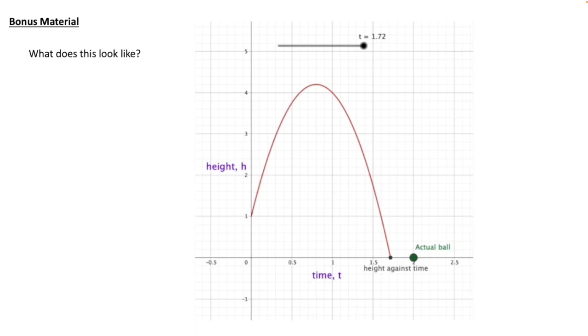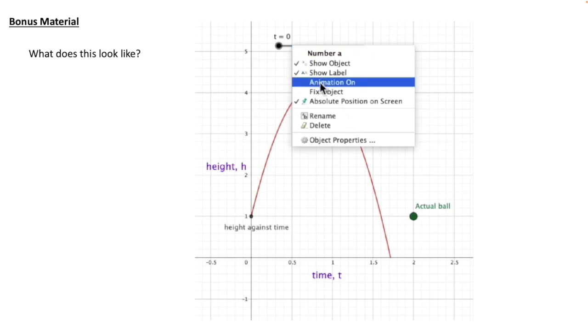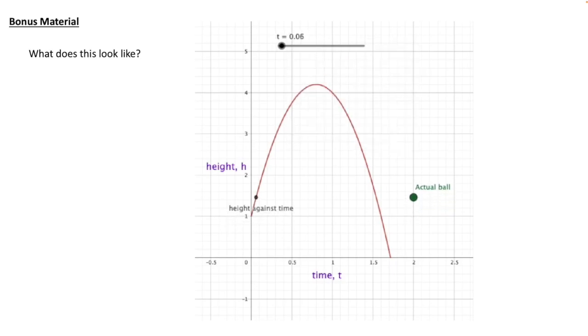But now focus on the actual ball, and you can see that it is at the same height as the point on the graph. It's just going up, goes quite slowly at the top, and then accelerates downwards.